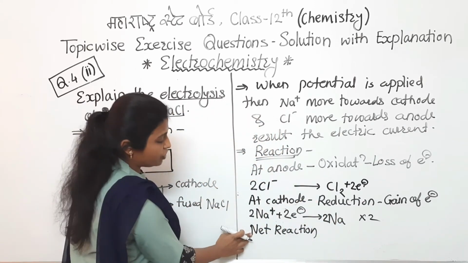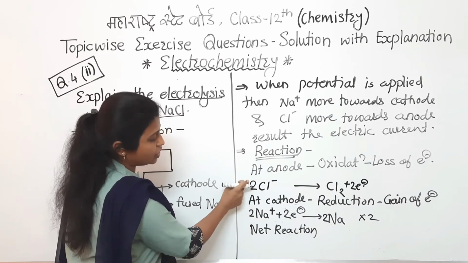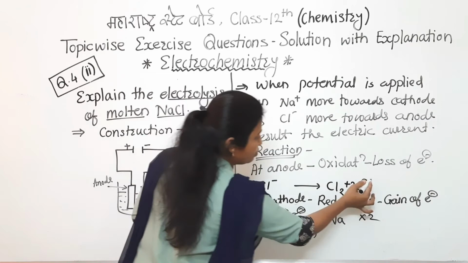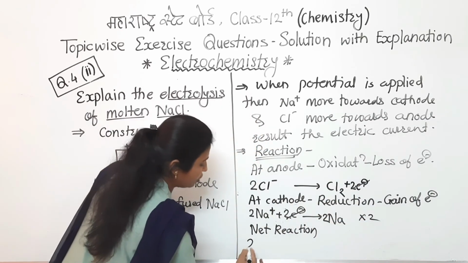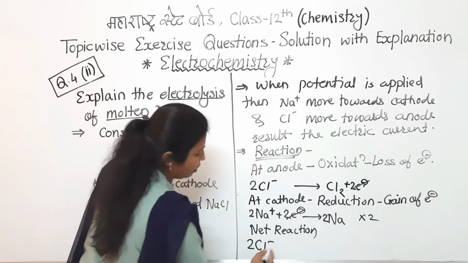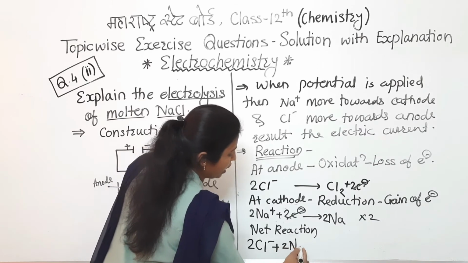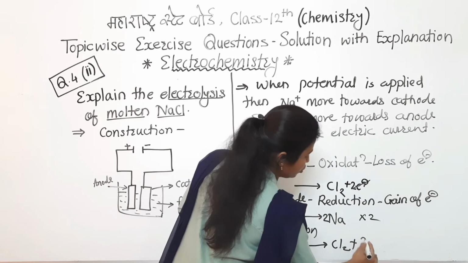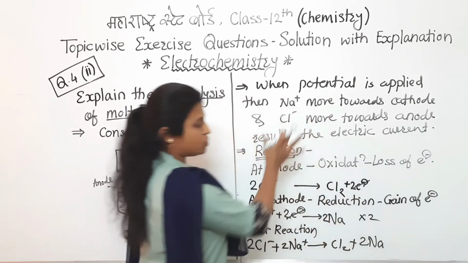Now see, for the net reaction we just add the reaction at the anode and the reaction at the cathode. The electrons, being similar, will get cancelled, and the net reaction will be 2Cl minus plus 2Na plus gives Cl2 plus 2Na. So this is the reaction.